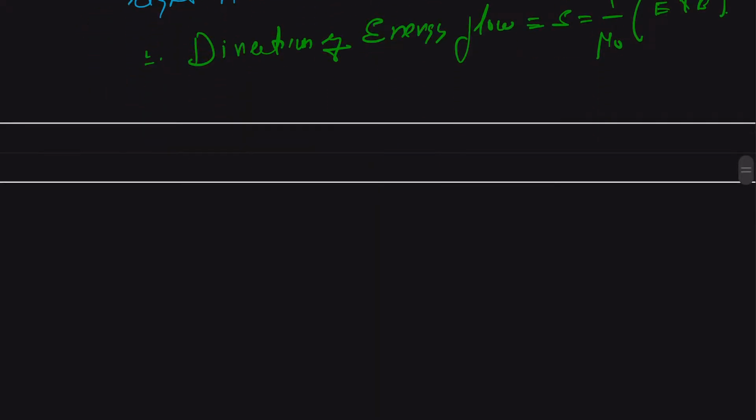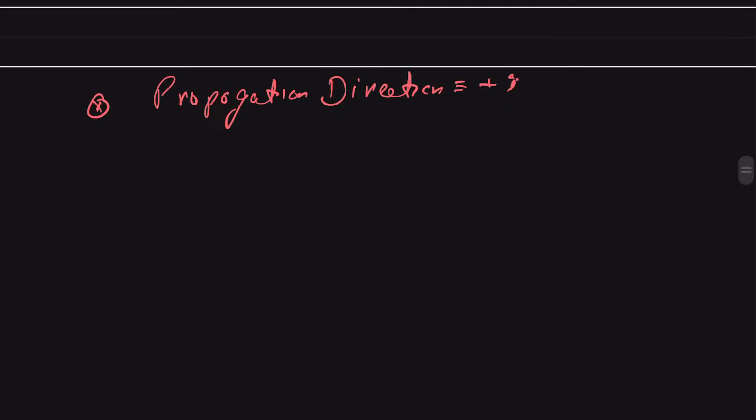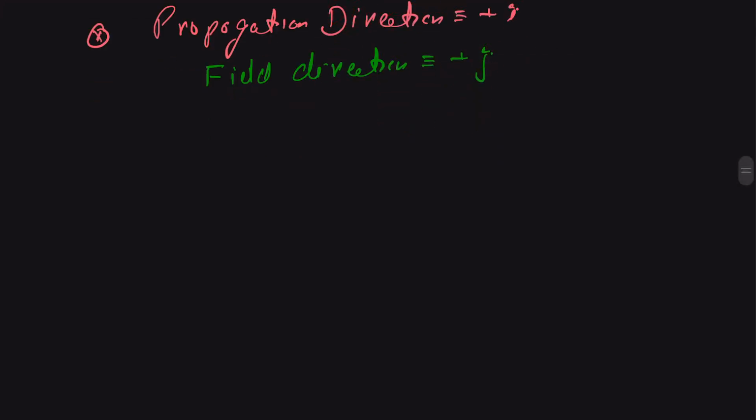So we know that the propagation direction is our plus i, and we have our electric field direction, our plus j. It means that the cross product of electric field and magnetic field should be equal to our plus i.